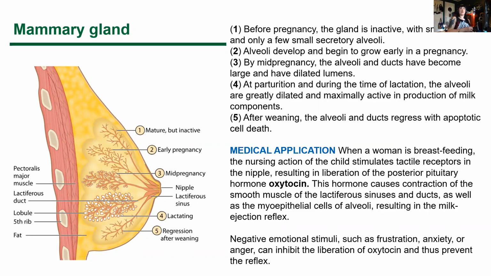Okay, mammary glands. These are interesting. So the mammary gland consists of a fat pad with potential glandular tissue, but glandular tissue which is refractory in the absence of the hormones of pregnancy.